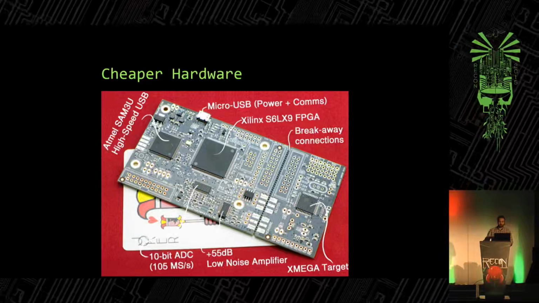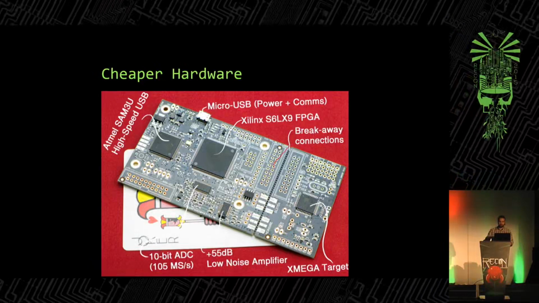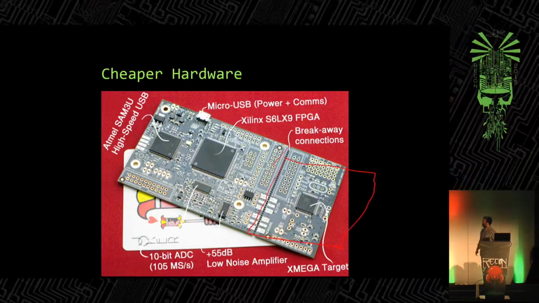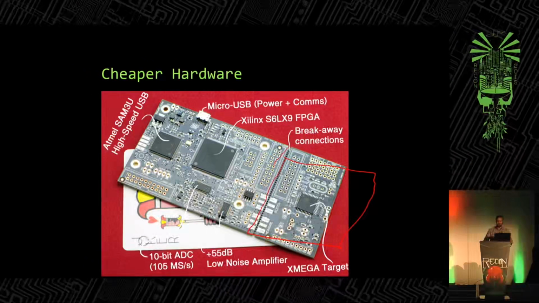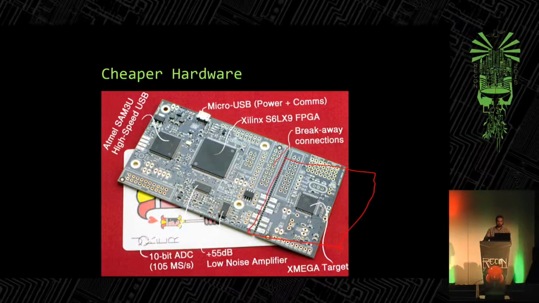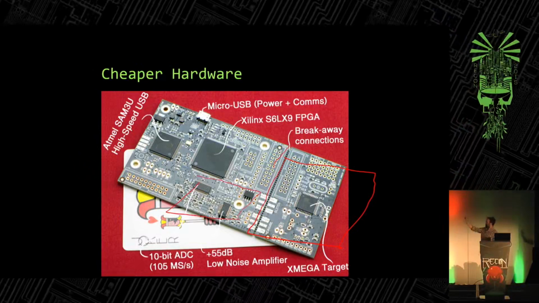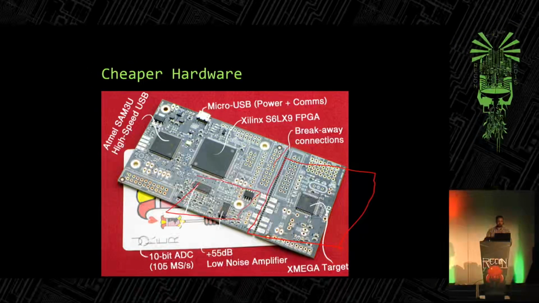It has a section of the board that is the target device. This is an Atmel XMEGA, but you program it with whatever library you want. And then there's a portion of the board that does stuff like the analog to digital converter. It has a high-speed USB, it has an FPGA and all that stuff.